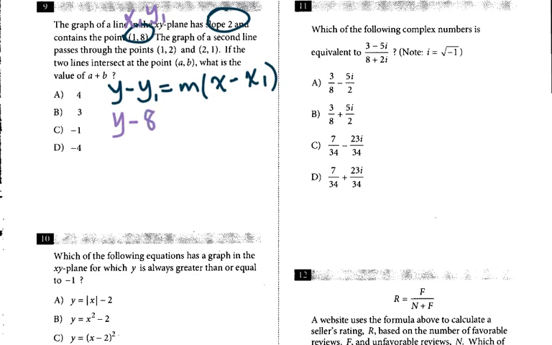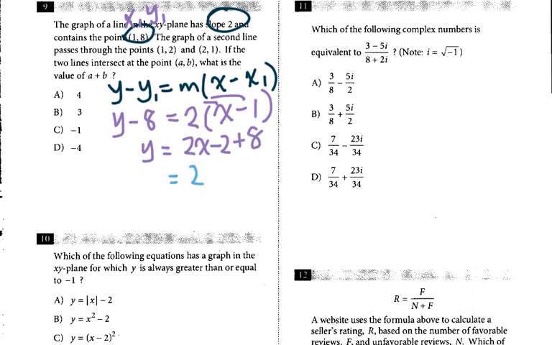So y minus 8 equals the slope 2 times x minus 1. I simplify, and I will get y equals, by the distributive property, 2x minus 2 plus 8, and I will get 2x plus 6.